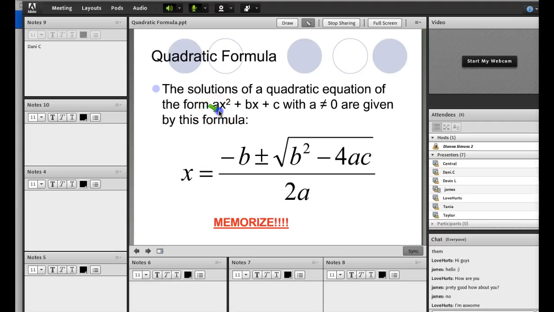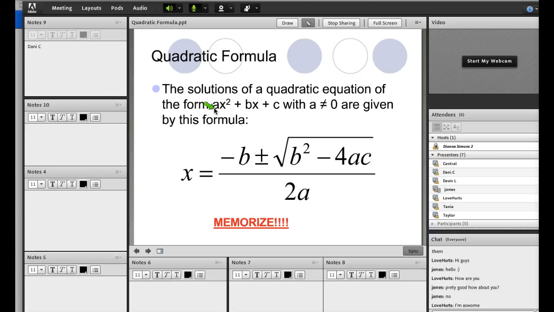So first thing we need to know, these letters here correspond with the standard form of the quadratic equation. A is the number in front of the x squared term. A lot of times you will see just x squared, so there's no number in front.